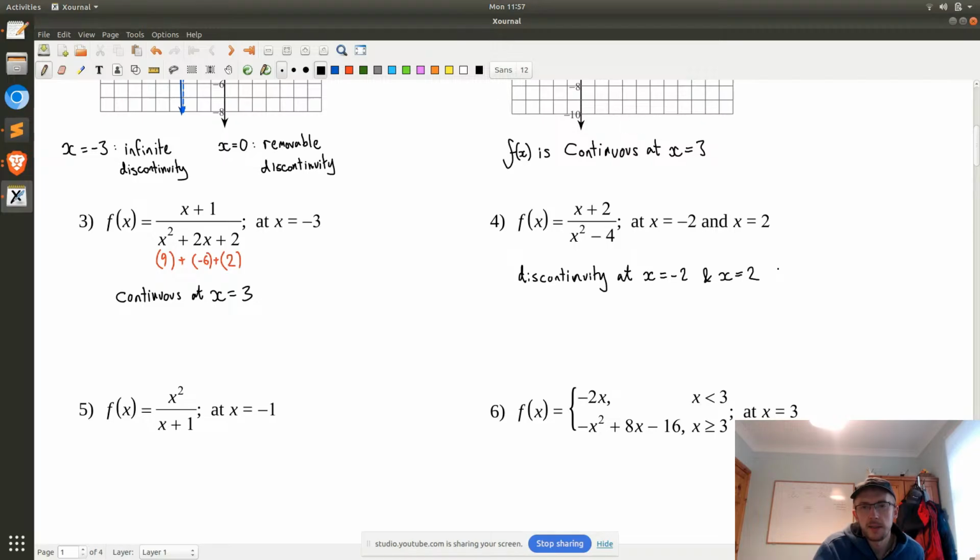Like I'm trying to visualize it. So it becomes ever more negative for x equals 2, and then obviously it's undefined for x equals 2. And then approaching from the right, it becomes ever more positive. And so it's infinite discontinuity for sure.